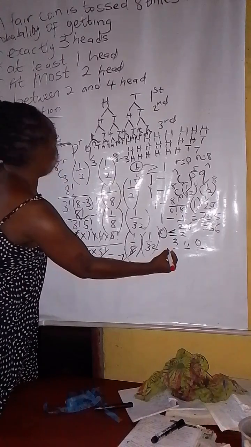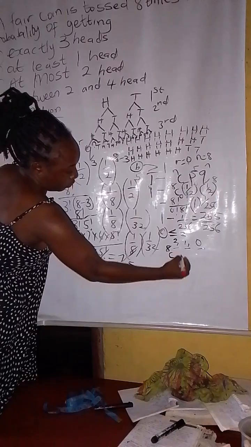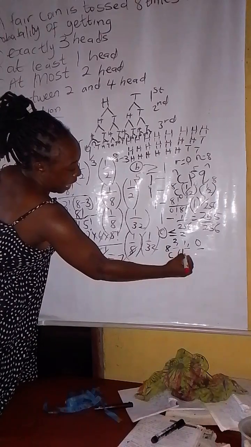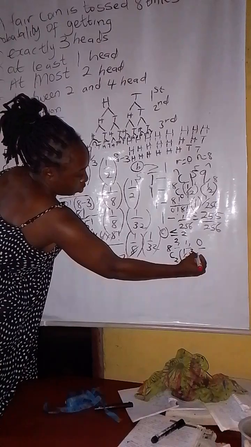If it is 2, we apply the formula 8 combination 2, q, p half raised to power 2.